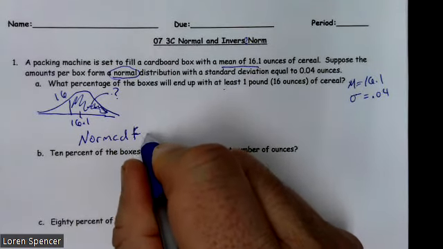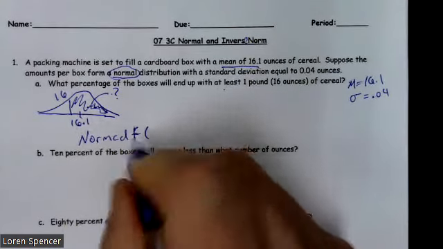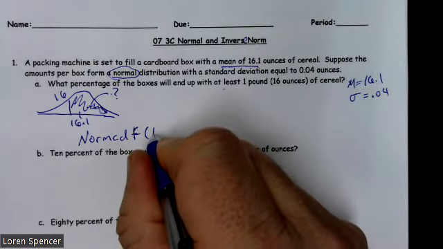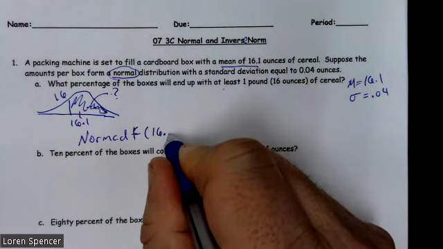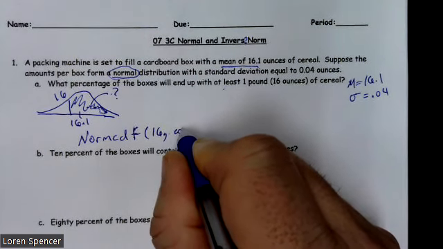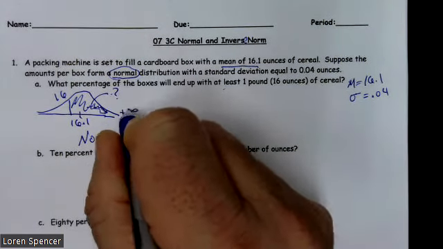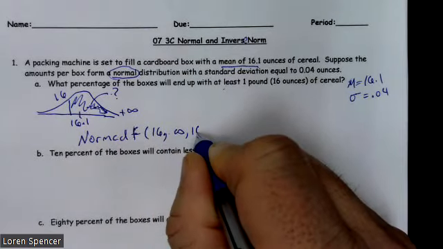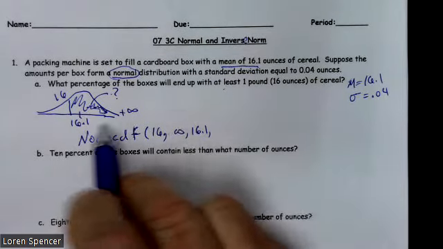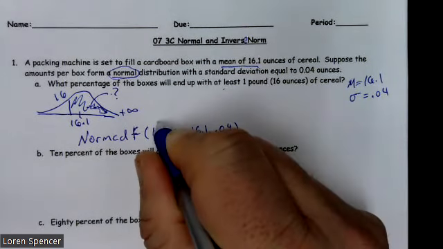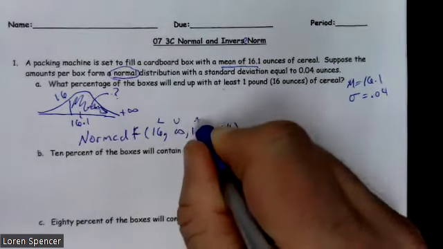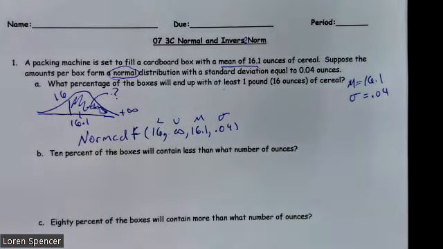So norm CDF, and we have a lower bound of 16. That's the lowest part of my shading. The upper bound, we shaded up all the way to infinity. We have a mean of 16.1, and we also have a standard deviation of 0.04. Lower, upper, mean, standard deviation.